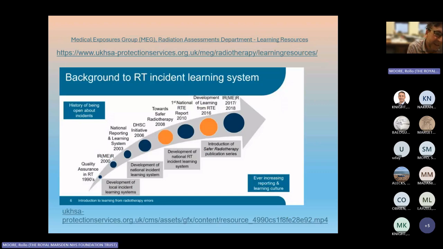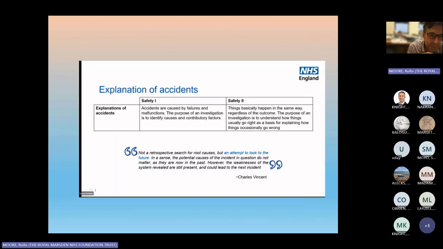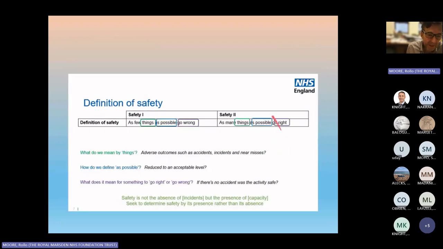And the Radiation Assessments Department of the MEG in the UK HSA have put together some videos of how the historic development of learning systems in radiation therapy have evolved. And indeed, that group have moved on towards this notion of safety too, which is basically concentrating one's effort into understanding how come as many things go right as they seem to do so.